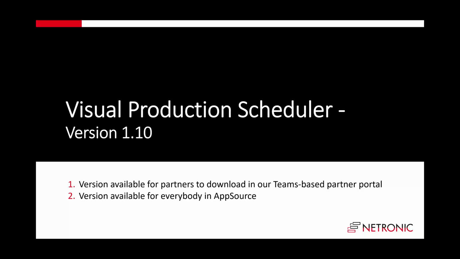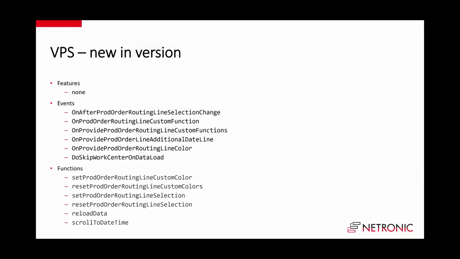As I said, that is where we piloted this and where we started to work on this. With the VPS, with release 1.10, we didn't build any new feature, but we focused on building an API that customers and partners can build on. And we had one partner who challenged us with respect to this.